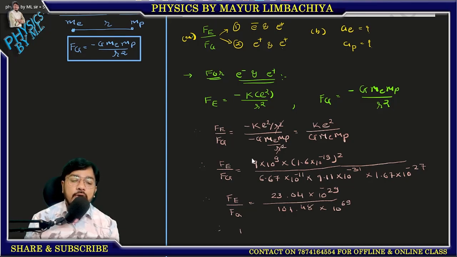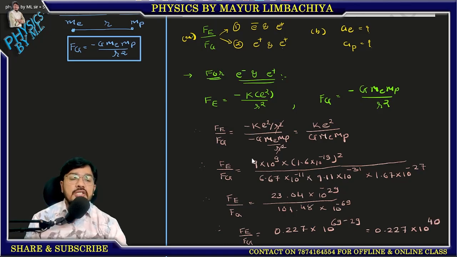So therefore, Fe divided by Fg can be written as 0.227 multiplied by 10 raised to the power 69 minus 29. So it will be 0.227 into 10 raised to 40.